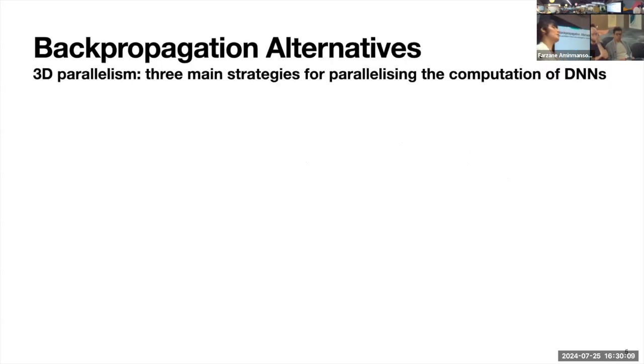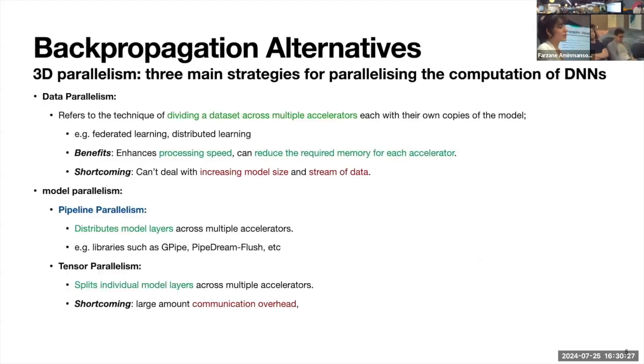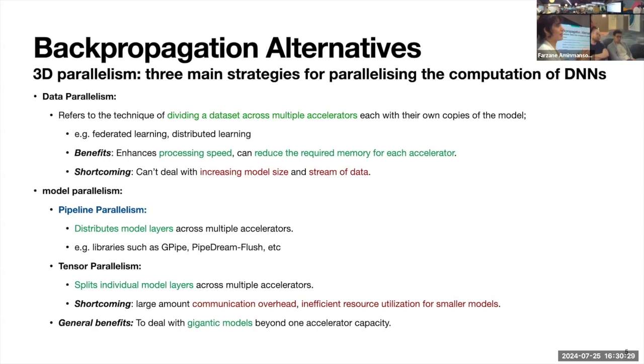But what have people done so far as alternatives to backpropagation? One category is trying to parallelize the backpropagation convention in general. Here they call it 3D parallelism.